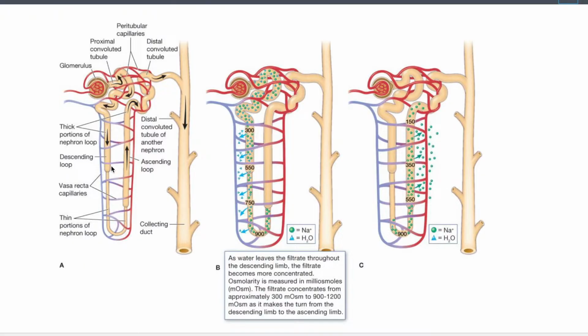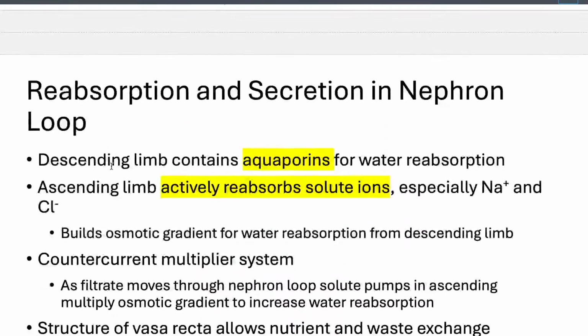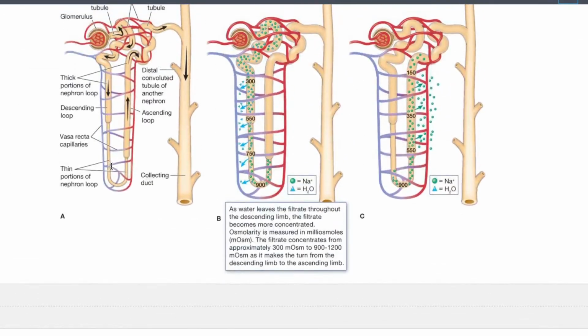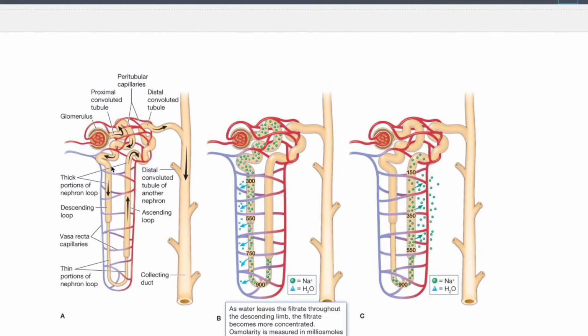Osmolarity is measured in blah blah. So while we're descending, we're going to make it more concentrated. And how do we do that? How are we going to concentrate osmolarity? We're going to take away water.